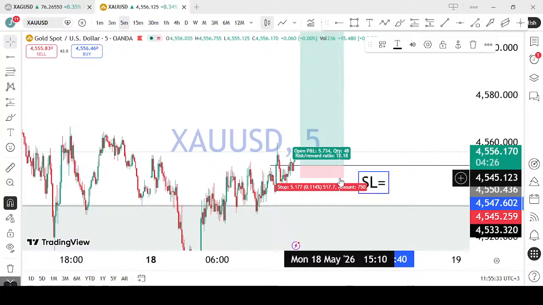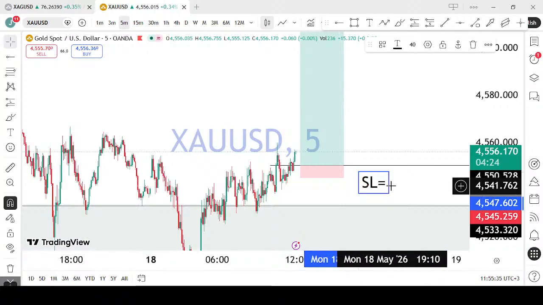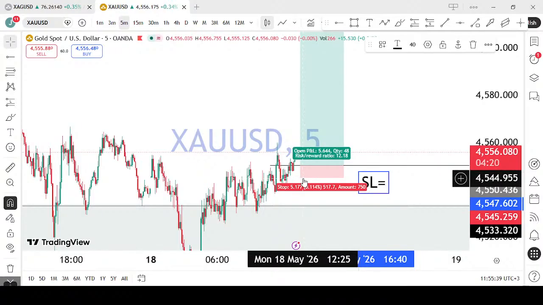Up to here, our stop loss will be, let me look, 45, 44. That will be our stop loss for this entry point.